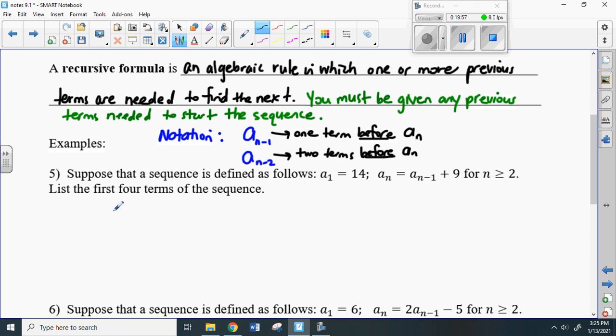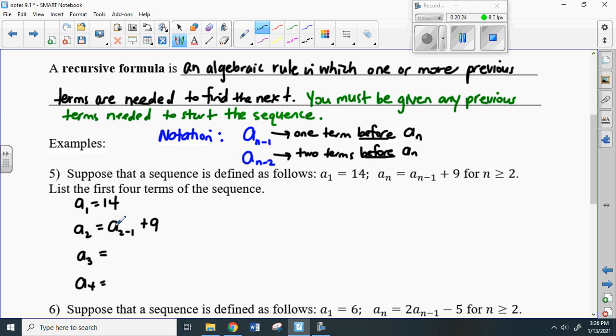Now, a sub 1 is still one of the terms in the sequence. So I need to know what A1 is. I need to know what A2 is, A3, and A4. Now, there's two ways to go about this. You can literally plug 2 in for n. All right.